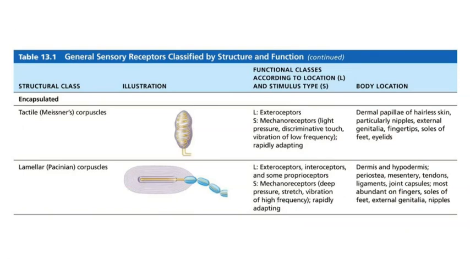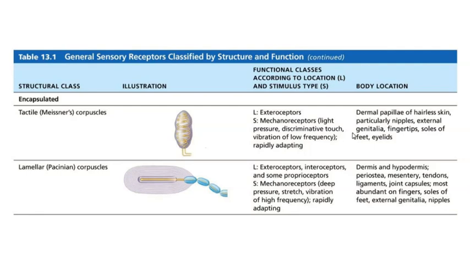As I mentioned earlier, there are touch and pressure sensitive structures located within various regions of the dermis. This table highlights both of those structures. We have the tactile or Meissner's corpuscles, and at the bottom we have the lamellar or Pacinian corpuscles. The tactile corpuscles are located in the dermal papillae, shaped like little finger-like projections that fit quite nicely in the dermal papillae.